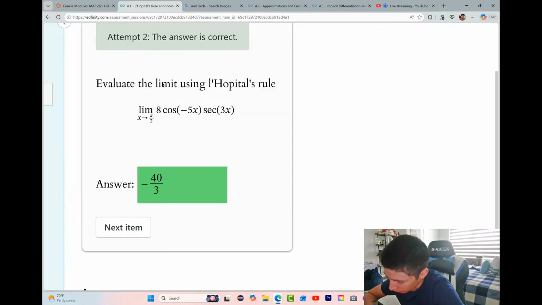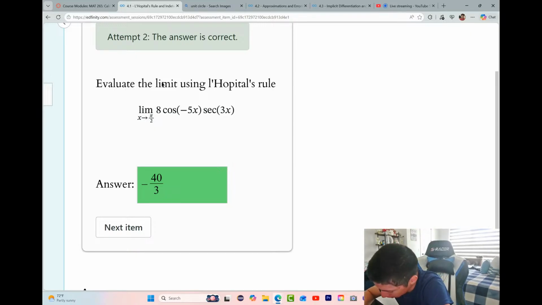So now we have the limit as x tends to pi over 2 of d dx of 8 cosine of negative 5x over d dx of cosine of 3x. So negative 8 sine of negative 5x times negative 5 per the chain rule, all over negative sine of 3x times 3.